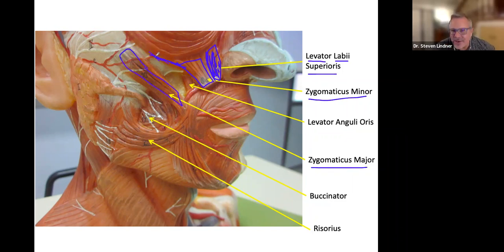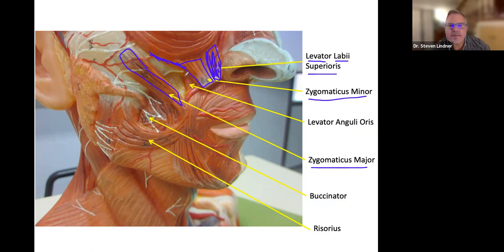And minors are above majors. We'll see that to be true when we do the rhomboids. You have a minor and a major. Minors are always on top. Majors are always inferior to it. So you have a zygomaticus minor, and then here a zygomaticus major.